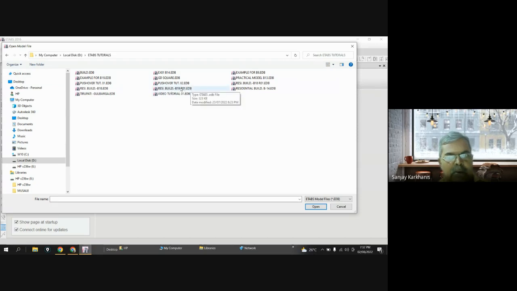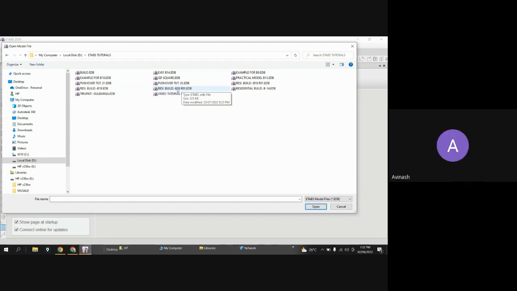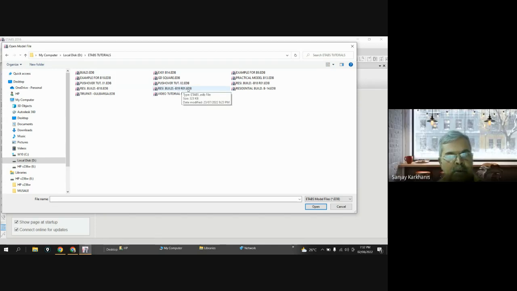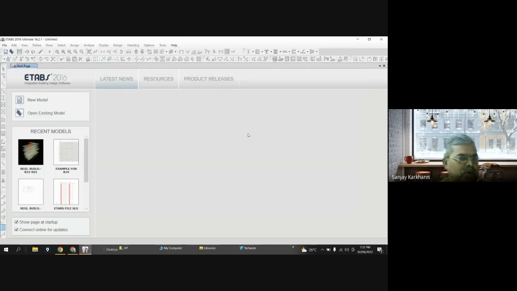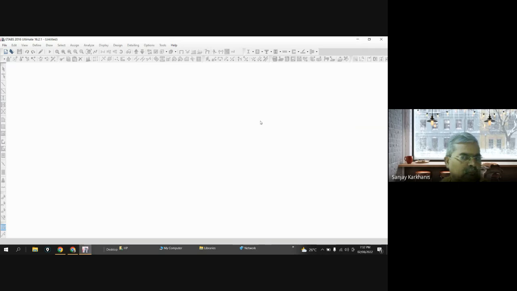I think this was our model, no? What was the name of the model? I think it was residential building B19 or 01. So this was the model, I think. Okay, let me check.